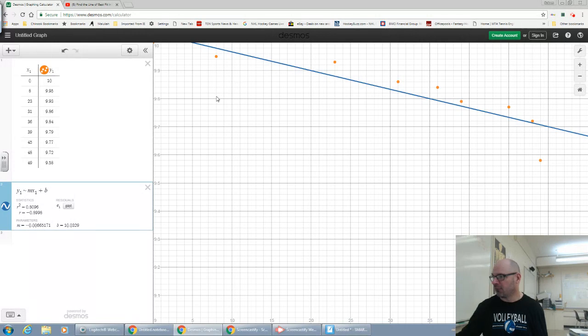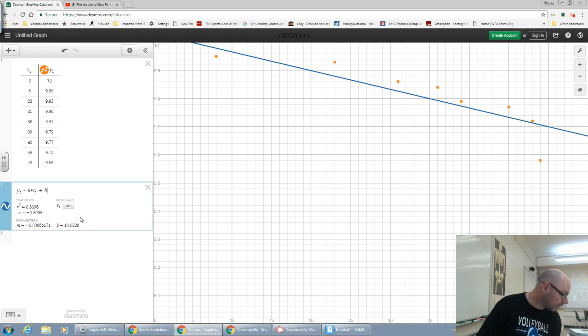And there's our best fit line. Here's our slope, negative 0.06517, and our y-intercept was 10.03. And that gives us the answer to that one.